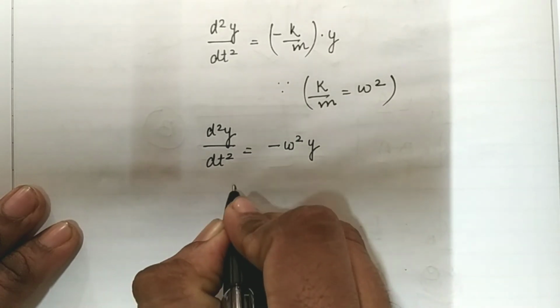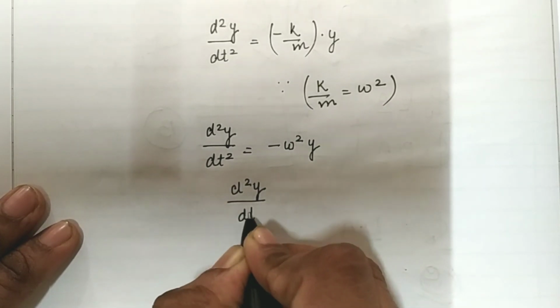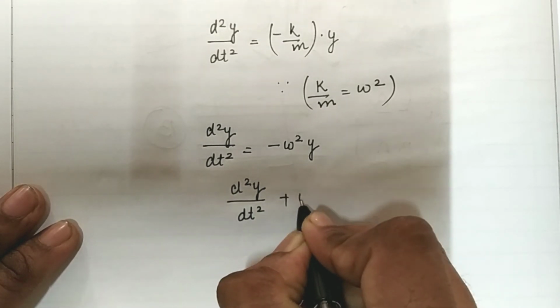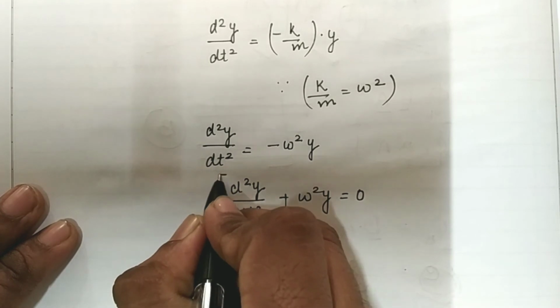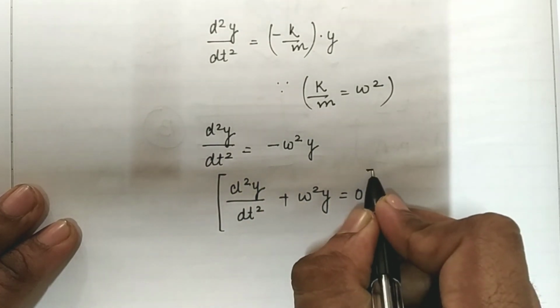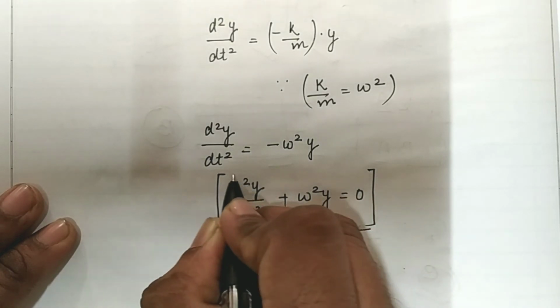So from here, d2y upon dt square plus omega square y is equal to 0 will be the differential equation of a body executing simple harmonic motion.